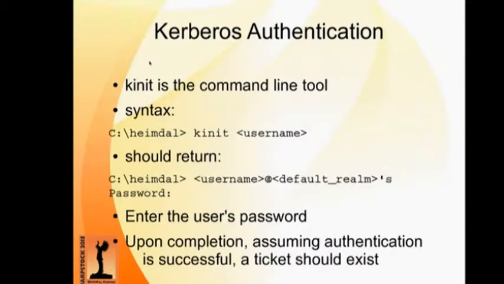So here you go. You want to authenticate. At the command line, type kinit and your username, and what should come back to you is your username at your default realm. Your default realm is defined in your krb5.conf, which is a plain text file stored in your etc directory, wherever that is. Then it will prompt you for a password.